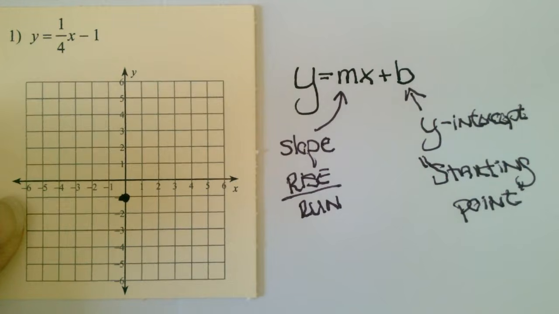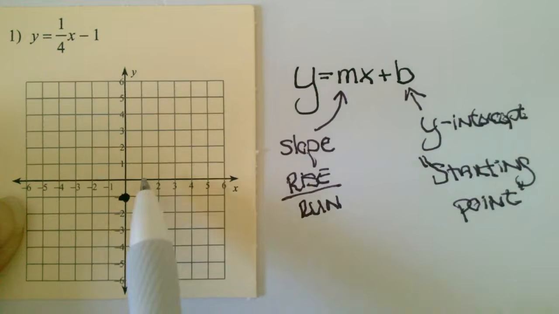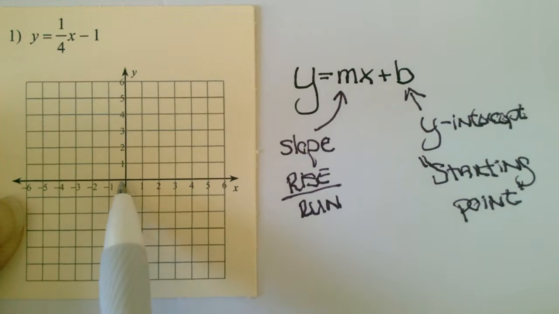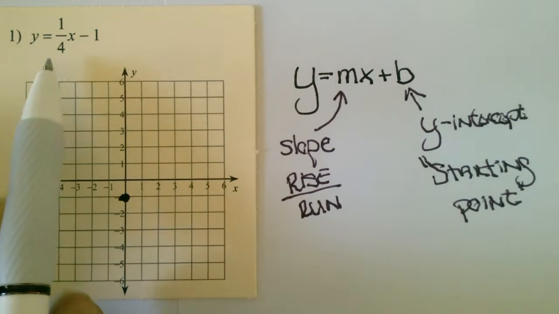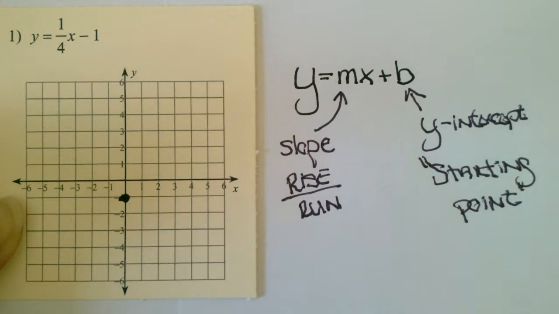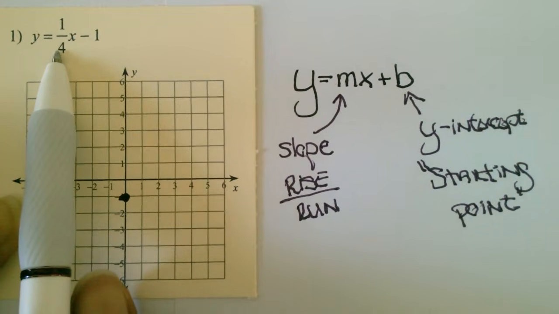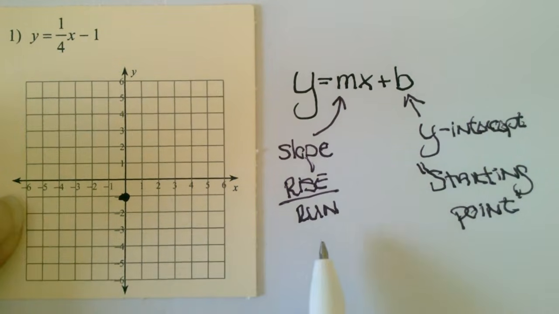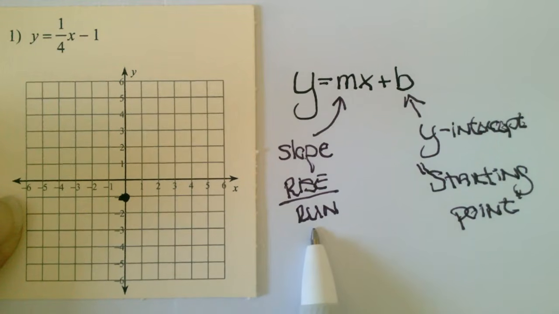Okay? Now, once we finish with the y-intercept, your starting point is no longer at the 0. It's going to be at -1. But your slope, which is the 1/4, that's giving you direction. And here's the thing. You want your slope to be a fraction because we have rise over run.